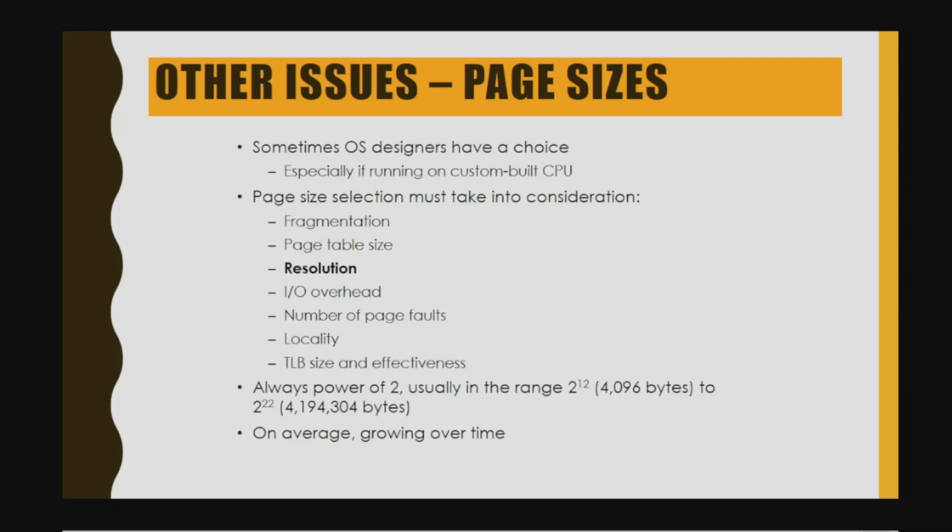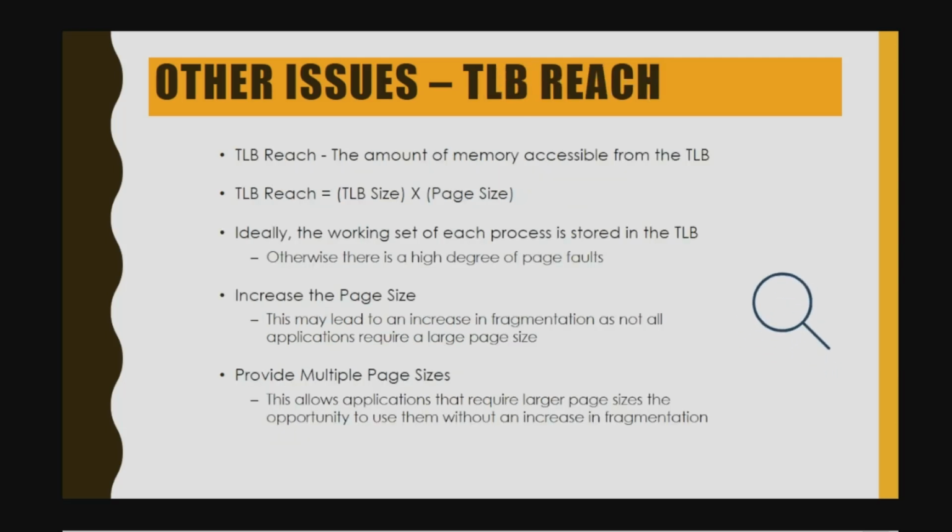It is always a power of 2, usually in the range 2 to the power of 12 to 2 to the power of 22, and on average growing over time.